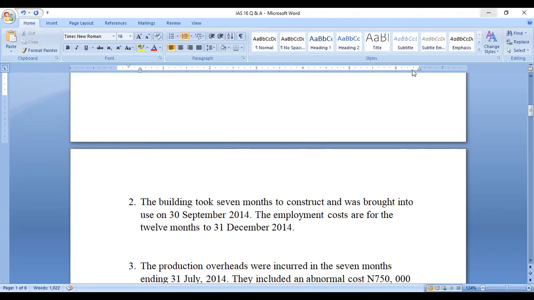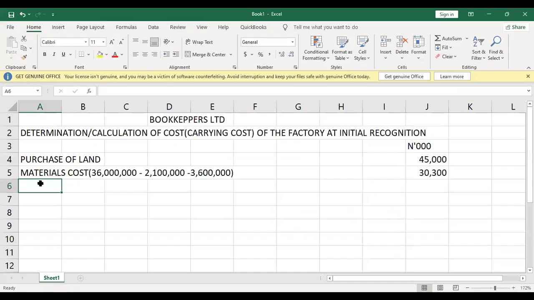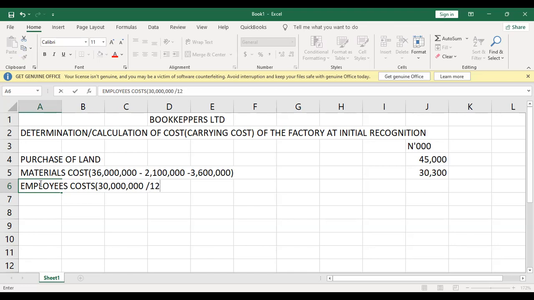Okay, so back to our solution. So we have employees cost, 30 million divided by 12 months.